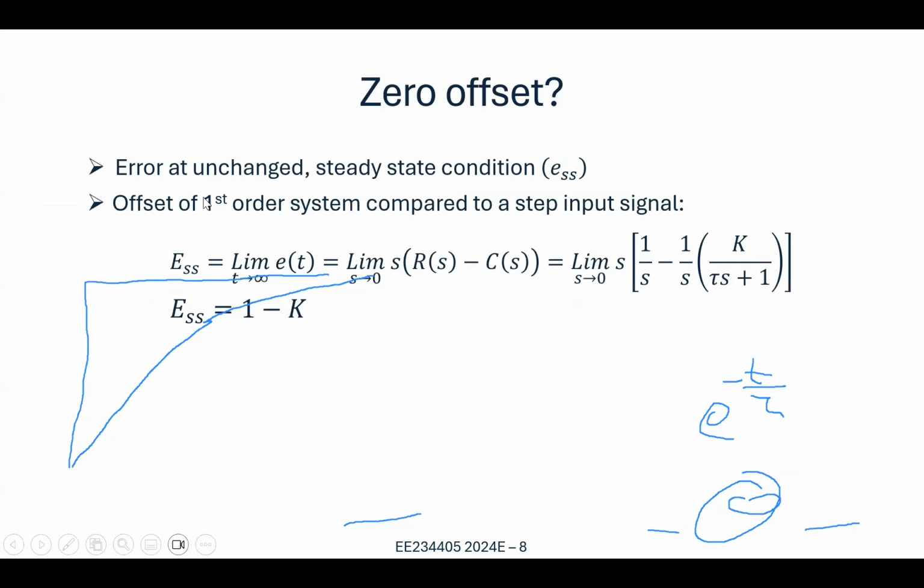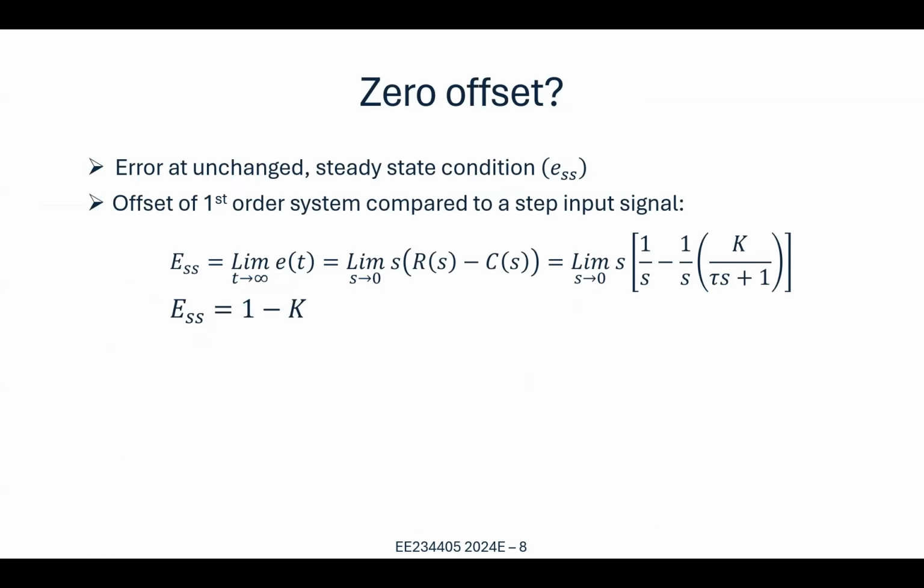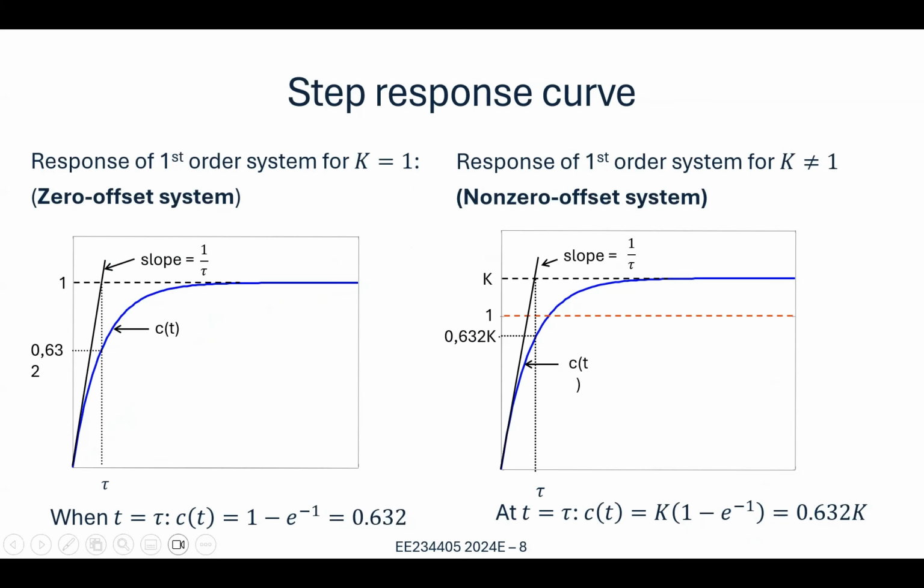So again, if we look at the offset now, we have the error at the steady state condition, ESS. Because we know that if the k is k, then the value of the system at infinite time is also k.